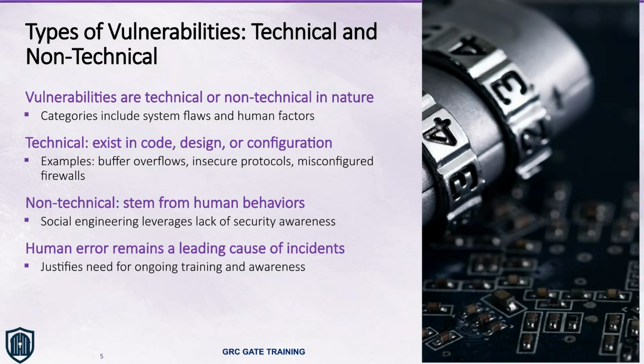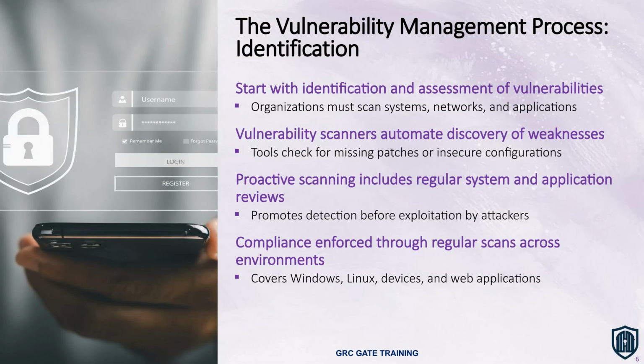Research consistently shows that human error is a leading cause of security incidents, highlighting the necessity for ongoing training and awareness initiatives within organizations. Effective vulnerability management begins with identification and assessment. Organizations must systematically scan their systems, networks, and applications to uncover potential weaknesses.